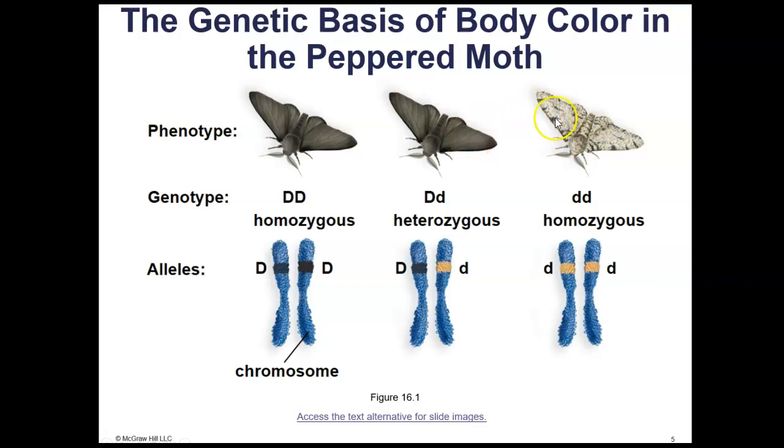Then the light-colored moths stood out, they got eaten, and more dark-colored moths began appearing in the next few years. So that was an example of microevolution within the peppered moth population.